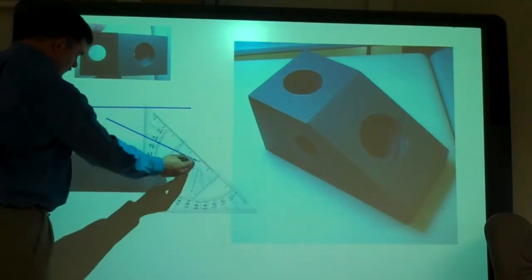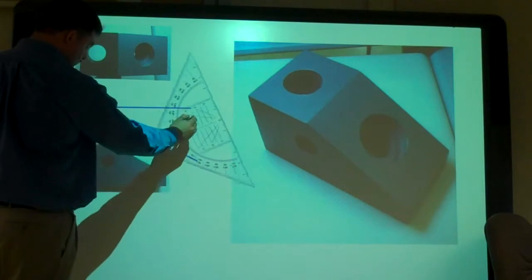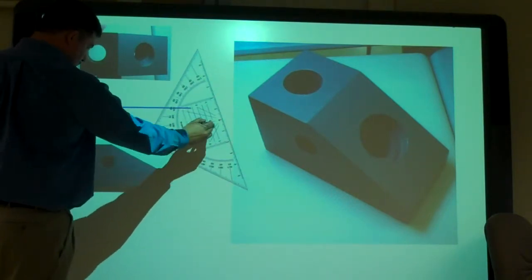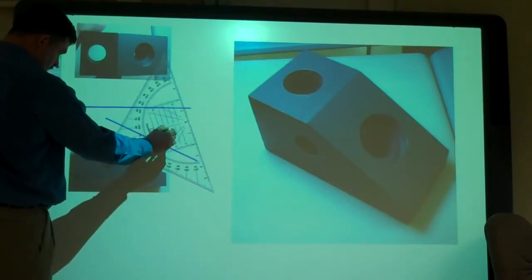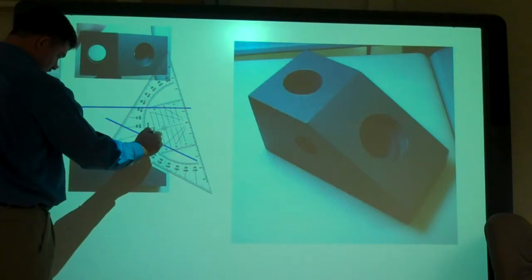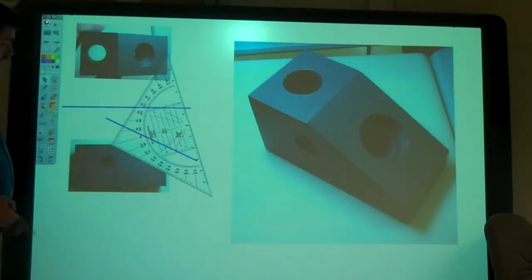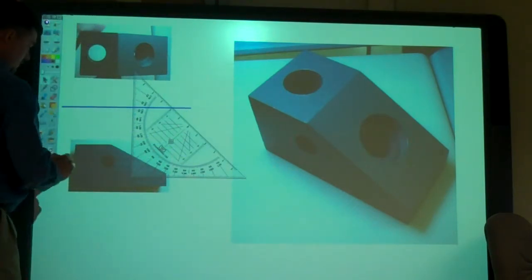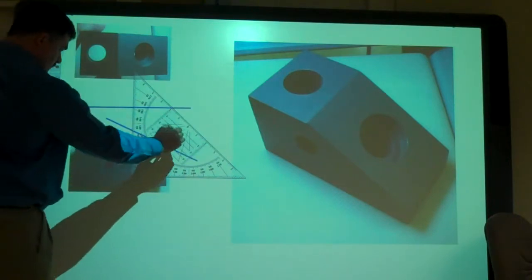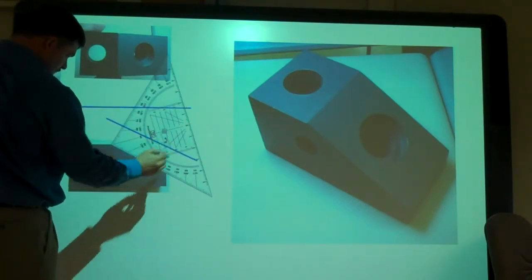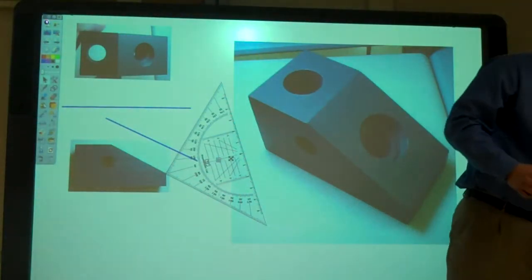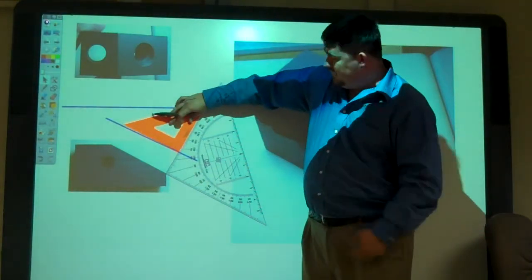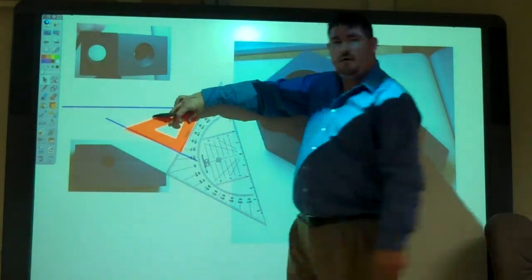If I take my triangle and put it there, that's 90 degrees, right? If I put that there and take another triangle, now this line and that line are parallel, right?